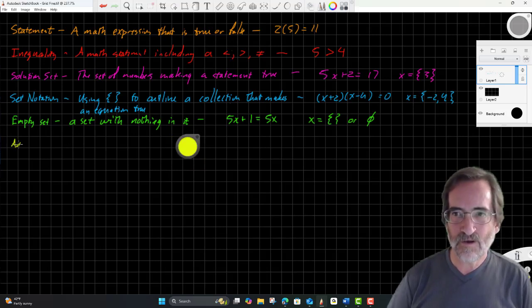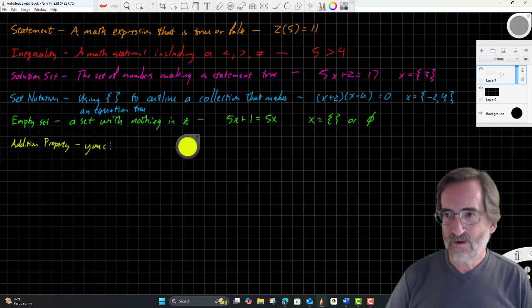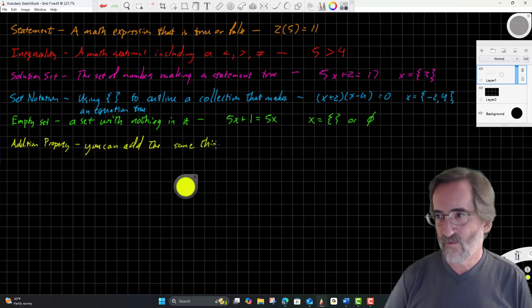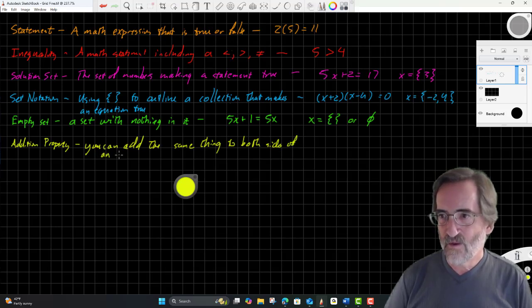Addition property. You can add the same thing to both sides of an equation or inequality.